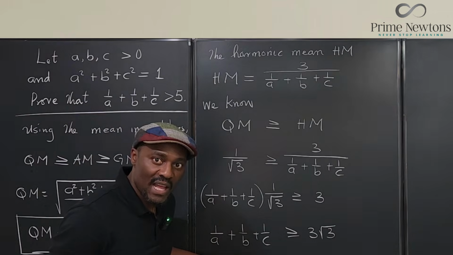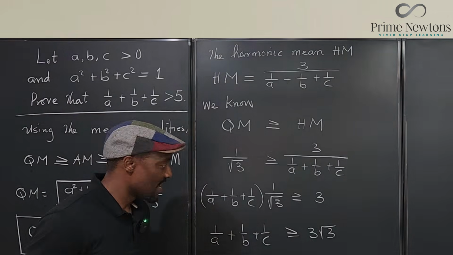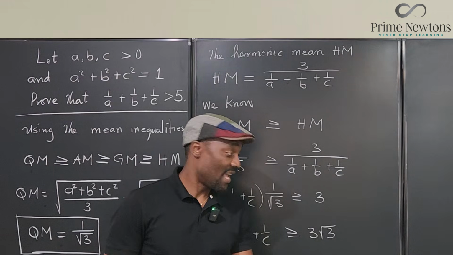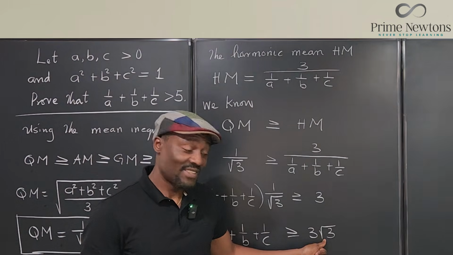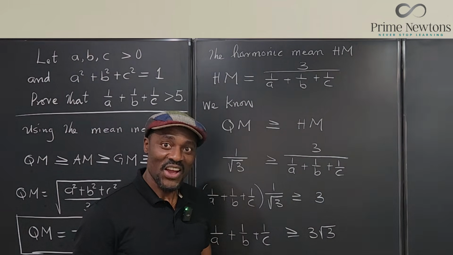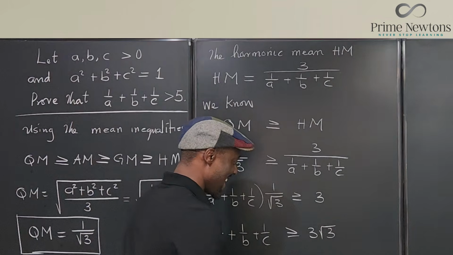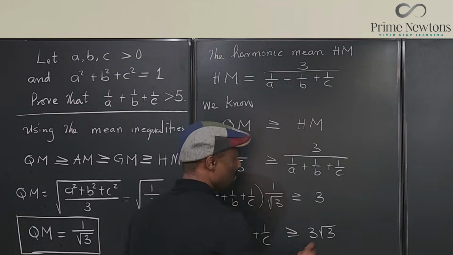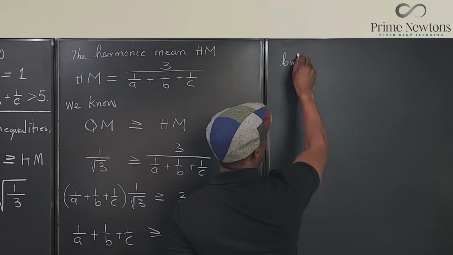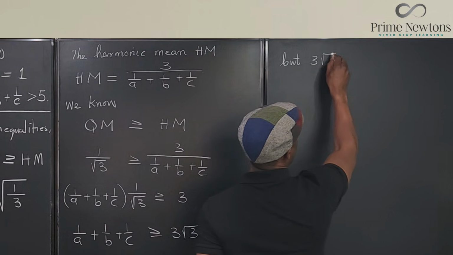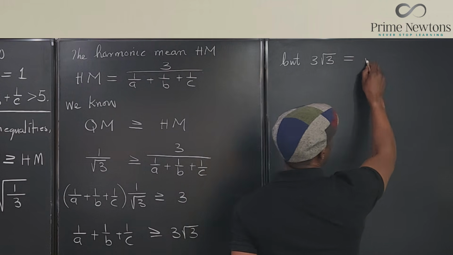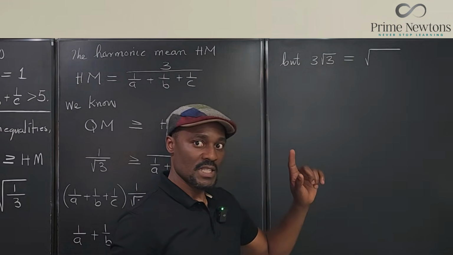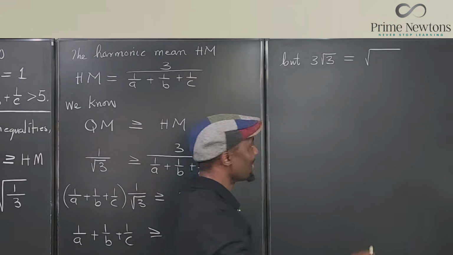So the smallest value that this can take is 3 rad 3. But what is 3 times rad 3? We can push the 3 under the radical. 3 rad 3 is equal to the square root of 27.